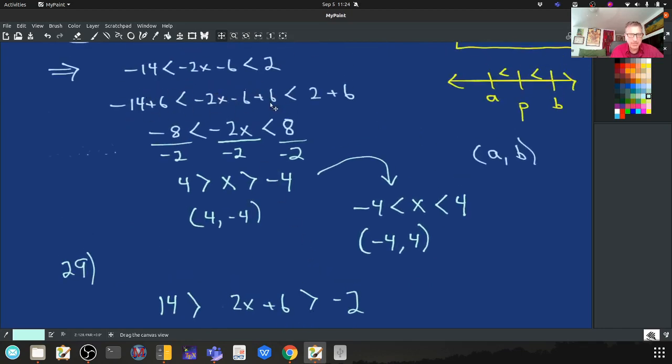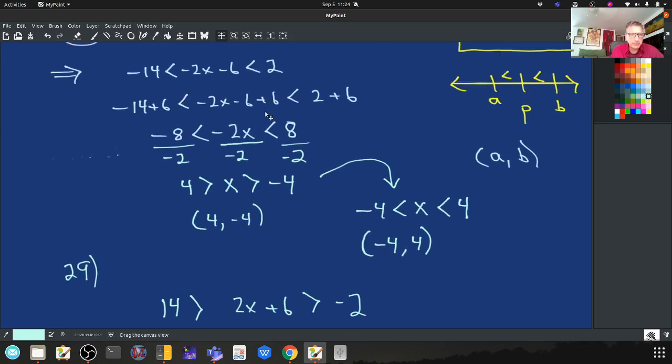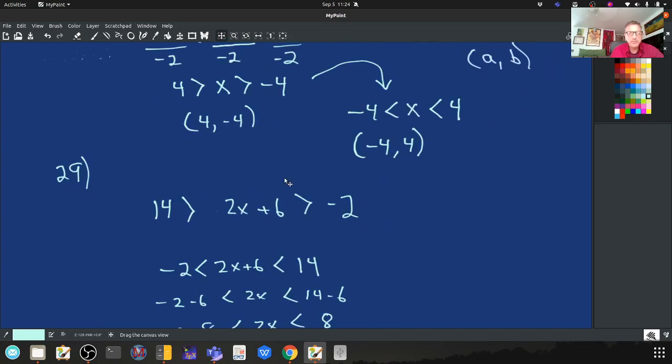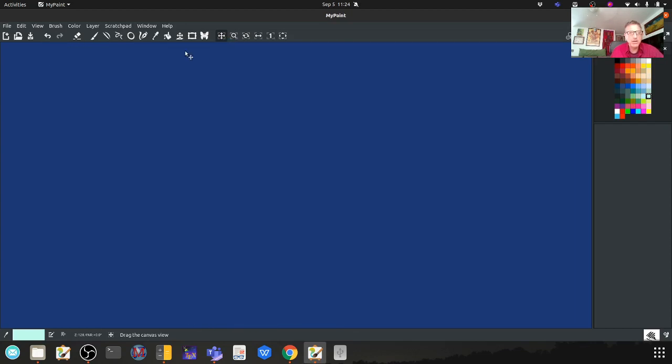And this step right here, flipping the signs, was indeed a good idea in the problem I have written down on my paper, because that problem has 2x with a negative sign. So that's what was going on there. So now let's do problem 30.